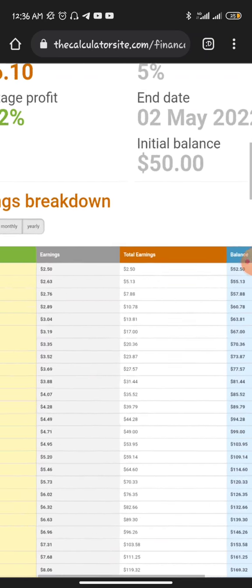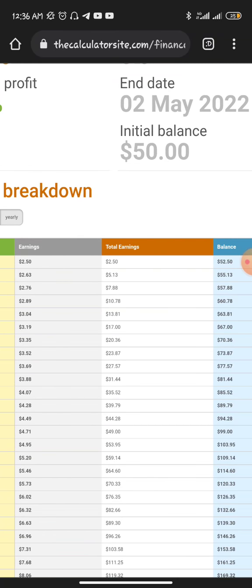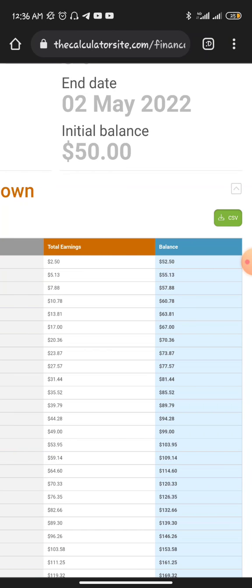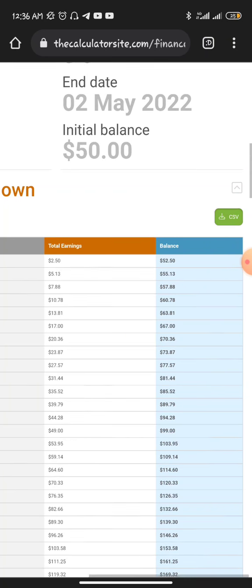So let me give you guys the breakdown here. Day one, we are earning $2.50. Your balance will go back to 52. Day two will be 53. Day 3 will be $57.